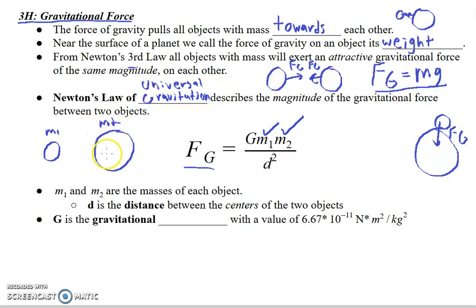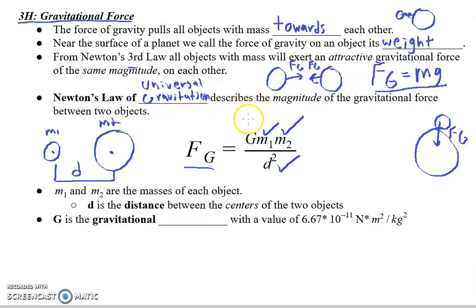The force of gravity between these two things is equivalent to the product of the two masses, M1 and M2, divided by the square of the distance between them. It's important to note that it's the distance between the centers of those two objects, not from the surface of the two objects. So it's the distance between the center of one and the center of the other object.